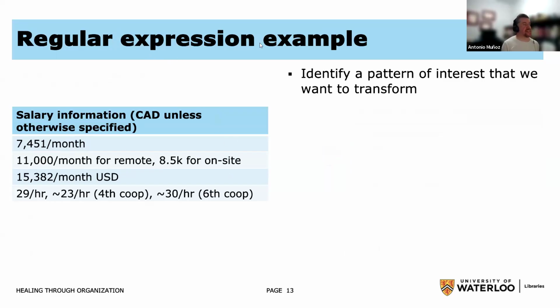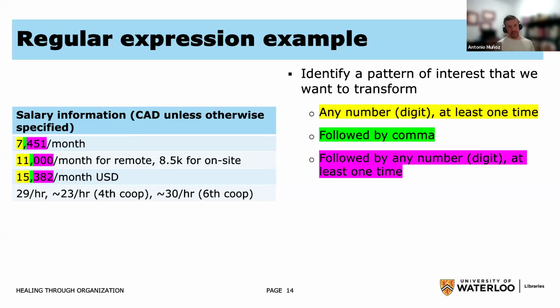That's where regular expressions become extremely helpful. Basically, regular expressions are an advanced form of find and replace that, instead of working with specific characters or numbers, works with patterns that we identify and then we transform based on those patterns.